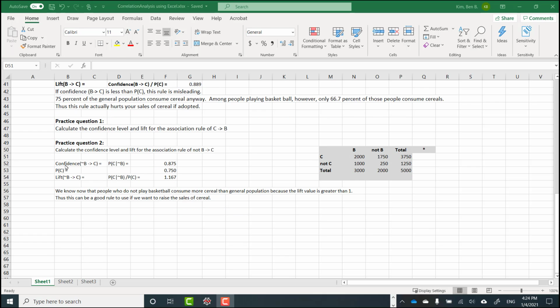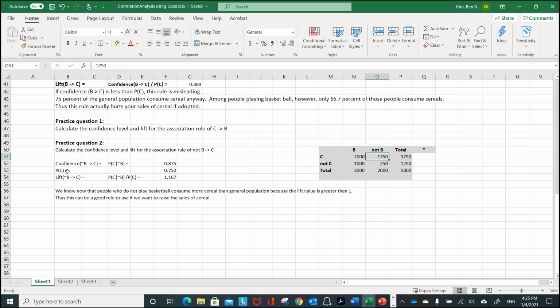Okay. So confidence for not playing basketball, not B, implying C is the conditional probability, P(C) over not B. So not B, this column, and then the cereal, so this one, 1750 divided by 2000, so 0.875.